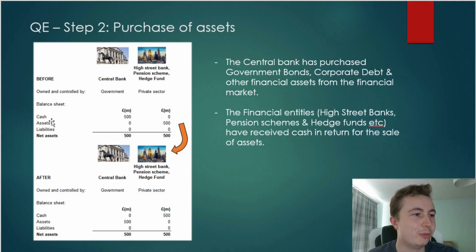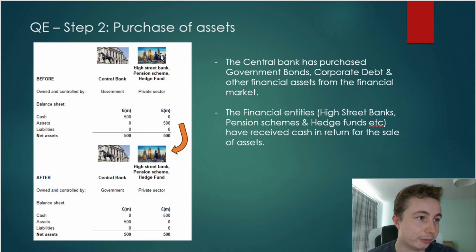So before, here we go, we've got this before image again, which helps us understand what's the position of the central bank and of the financial economy before. So before, we've got our 500 million of cash, which we've newly created. So we've got our newly created 500 million there in the central bank, which is owned by the government.